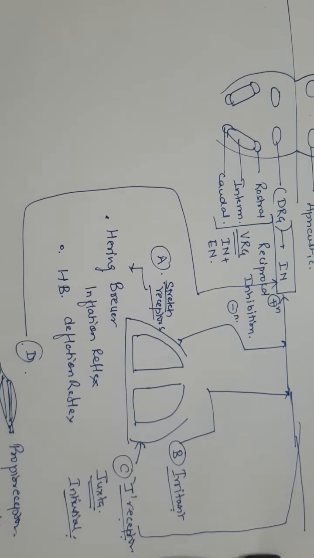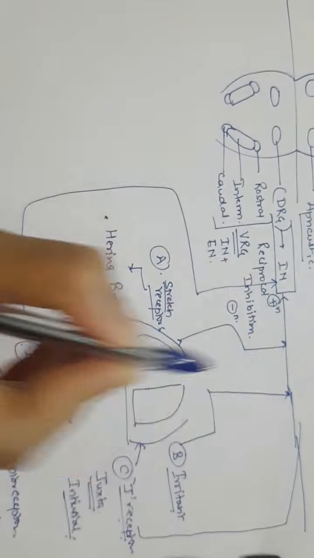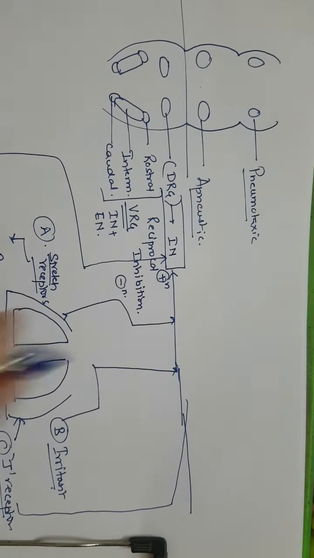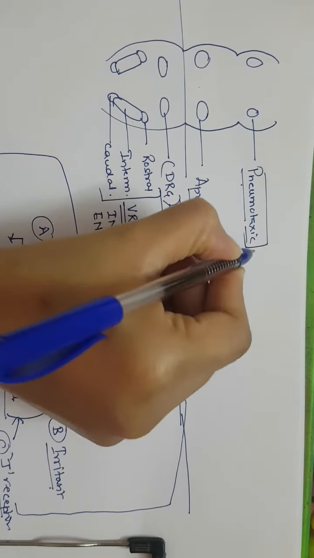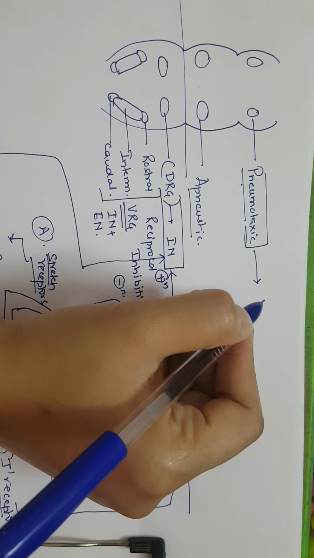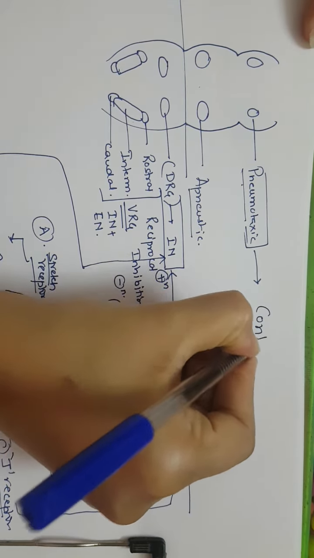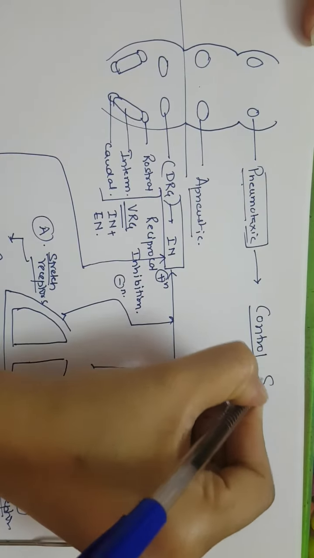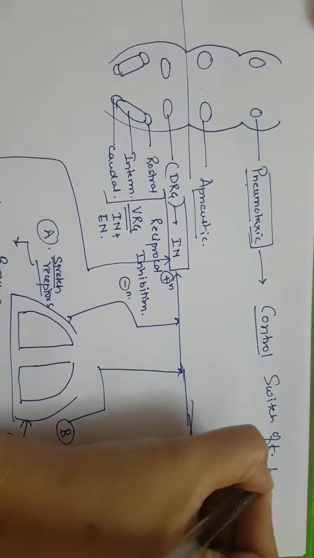Okay, so what are the roles of pneumotaxic center and apneustic center? We will see this in detail. So pneumotaxic center is responsible for control of the switch off point, which I have already talked about.